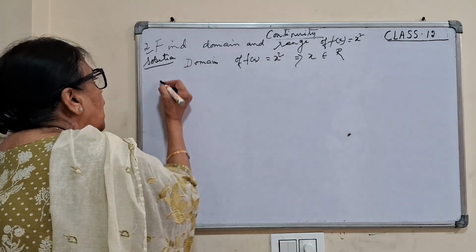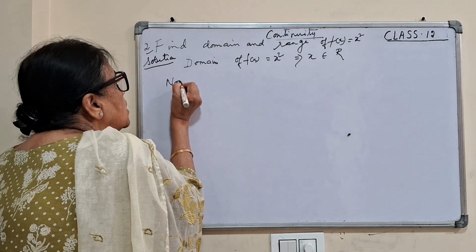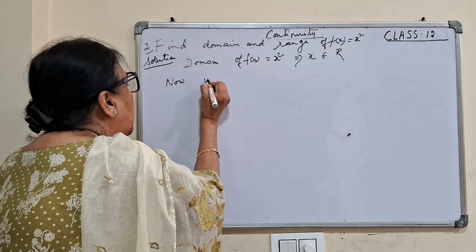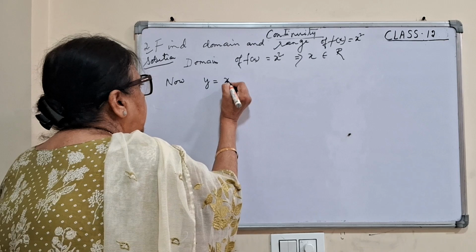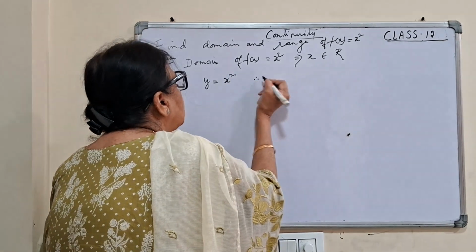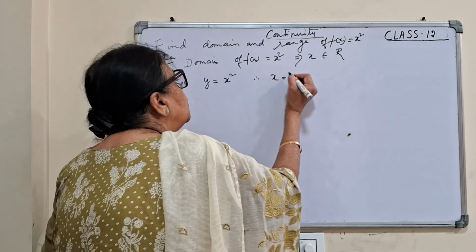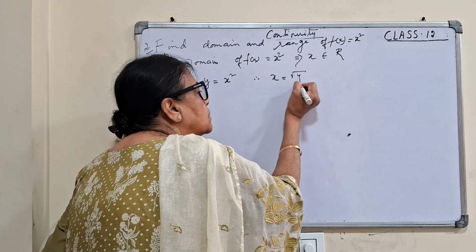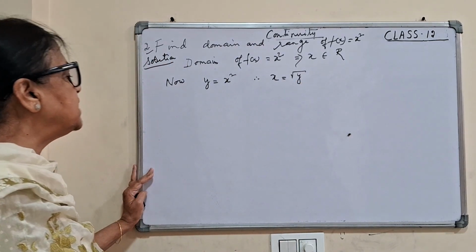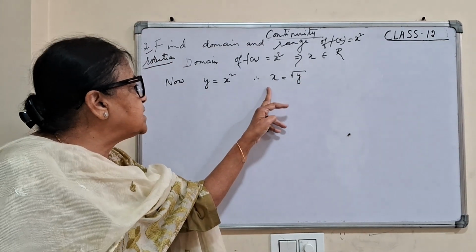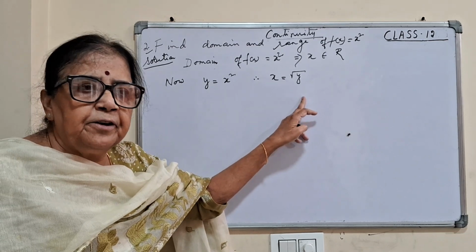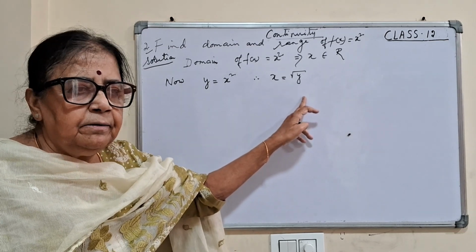Now for the range, y is equal to x square, therefore x is equal to root over y. If I put a negative value here, it is not defined.